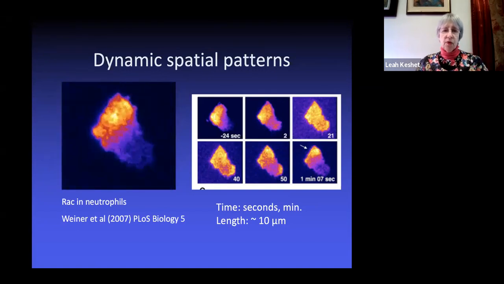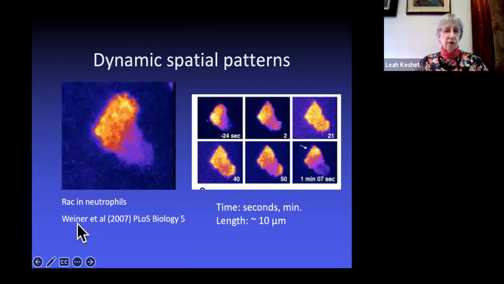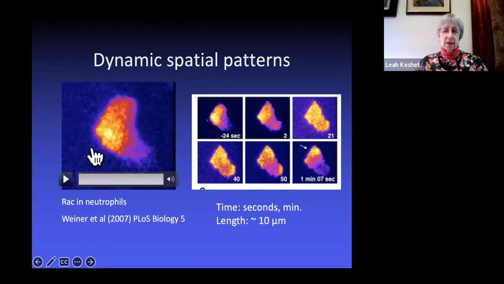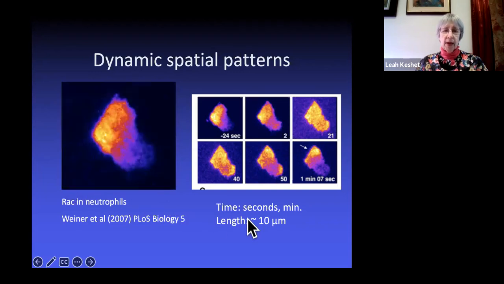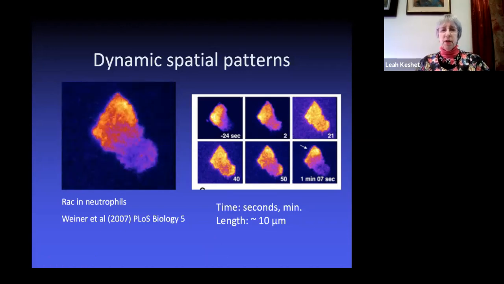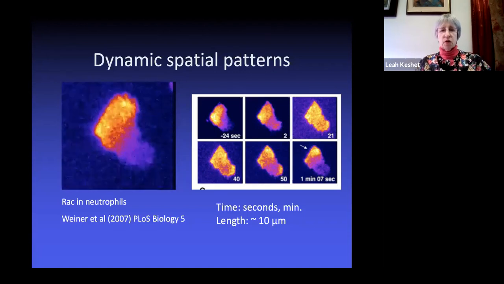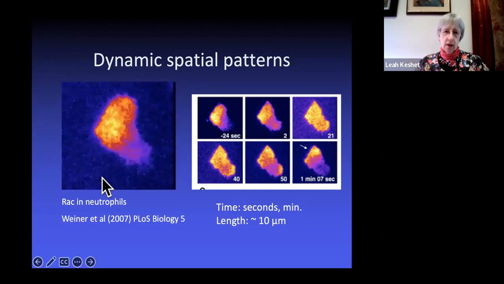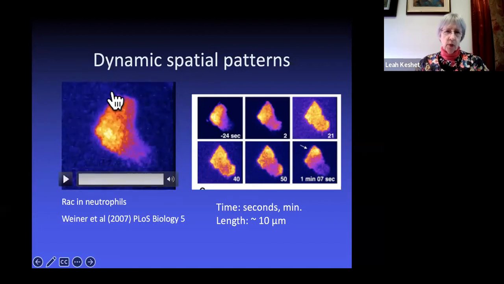So here's a movie from the lab of Orion Weiner, where he took one of these white blood cells and stimulated it. And you can see that this wave of activity of one of these GTPases, the RAC, starts to invade into the cell. The cell outline is roughly around here.